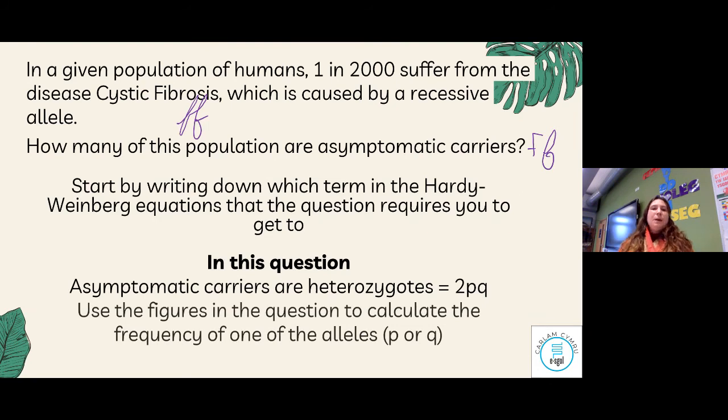Start by writing down which term in the Hardy-Weinberg equations gets you the result that you need. In this question, you need asymptomatic carriers, the heterozygotes, which is going to be the 2pq. So use the figures in the question to calculate the frequency of one of the alleles, p or q.